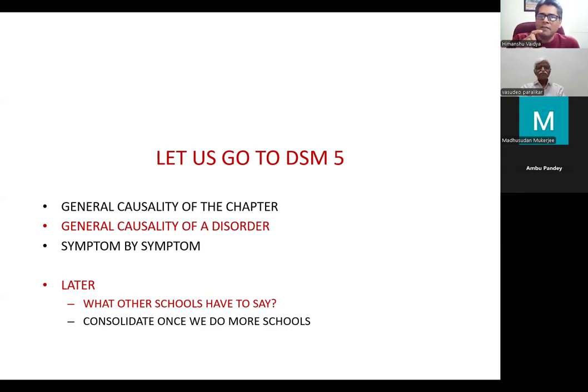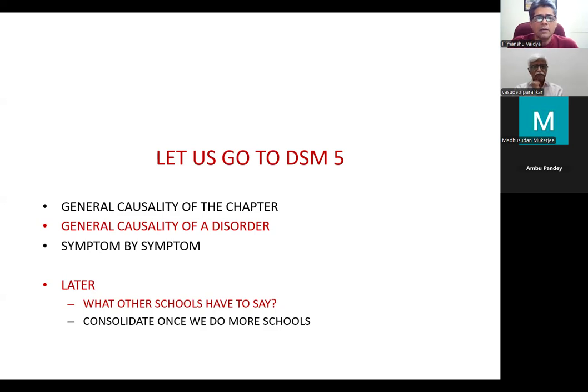The Freudian causality group, the second group where the Kleinian causality is at work, third group where the ISTDP is at work, fourth something else, and fifth maybe we don't understand what is at work, because all the schools that we know don't give a convincing explanation. So we might end up in that group also that we don't know. Probably in future, new schools will come and they will explain.